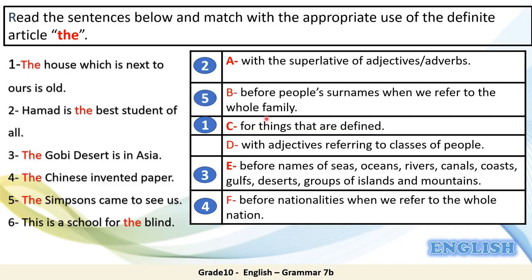That's correct. It's before people's surnames when we refer to the whole family. Finally, this is a school for the blind. So, the use here is with adjectives referring to classes of people. Now please pause the video for a while. Try to write down more examples using the definite article the.